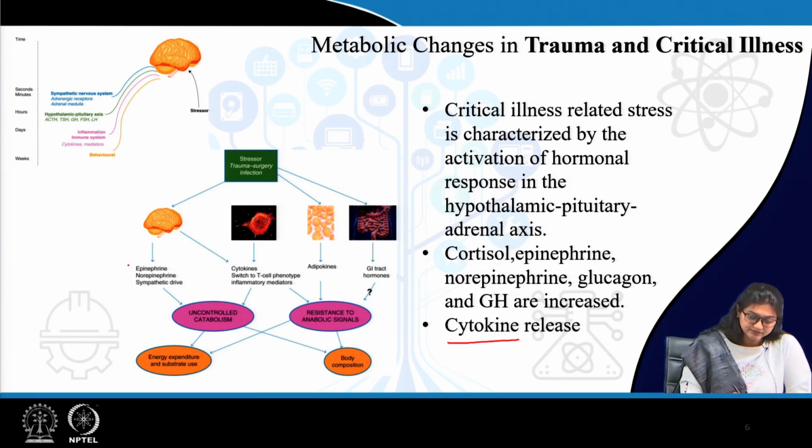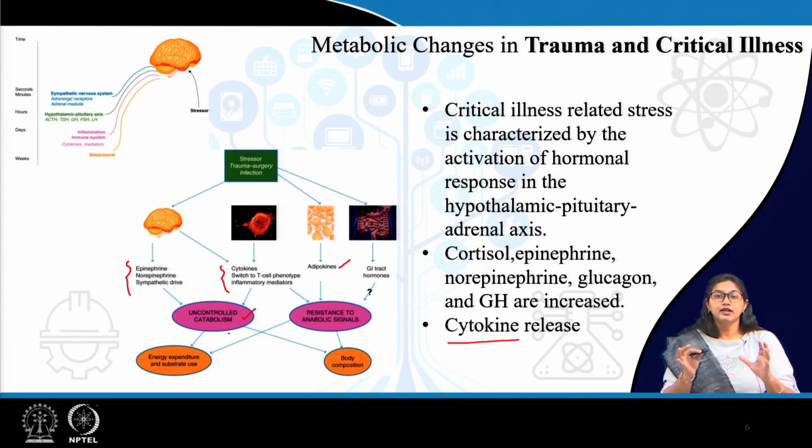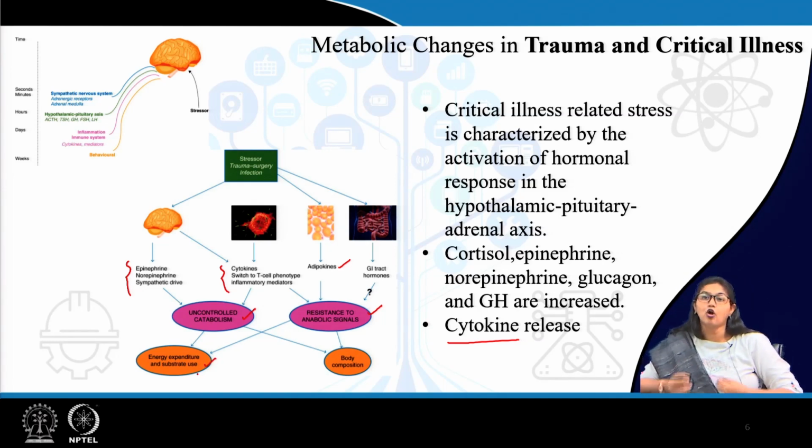So, these stress hormones along with cytokines and adipokines are imparting an environment of uncontrolled catabolism, and the anabolic signals are also blocked. So, definitely the energy expenditure and body composition are altered in critical illness or any trauma due to these stress hormones or inflammatory signals.